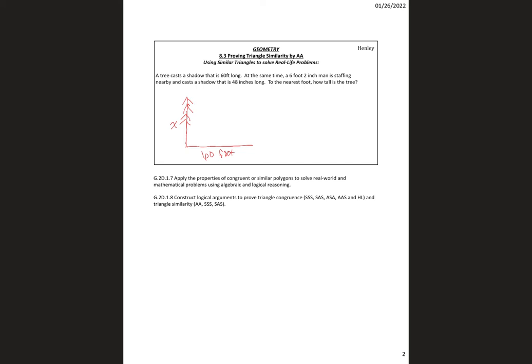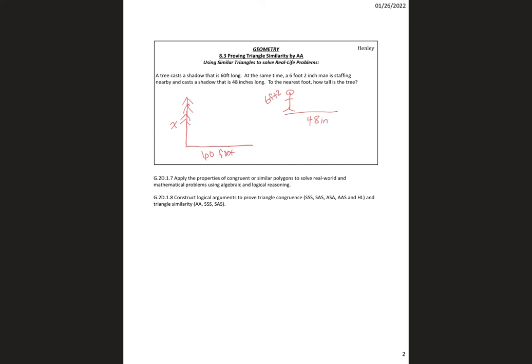So we have a man that is 6'2", and he is casting a shadow that is 48 inches. Now, here's the problem.